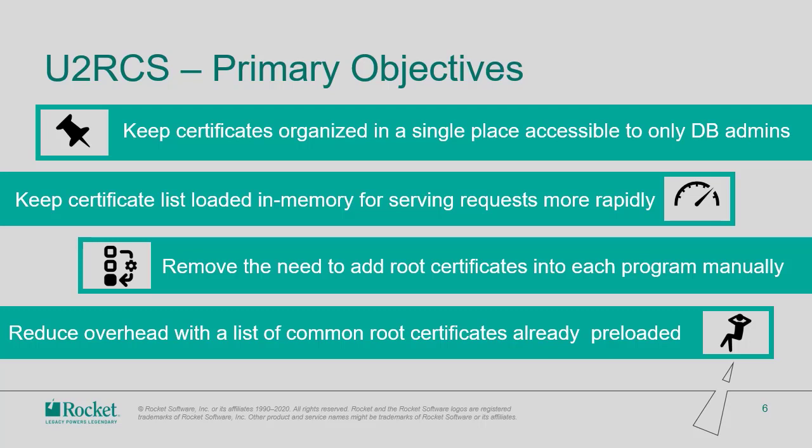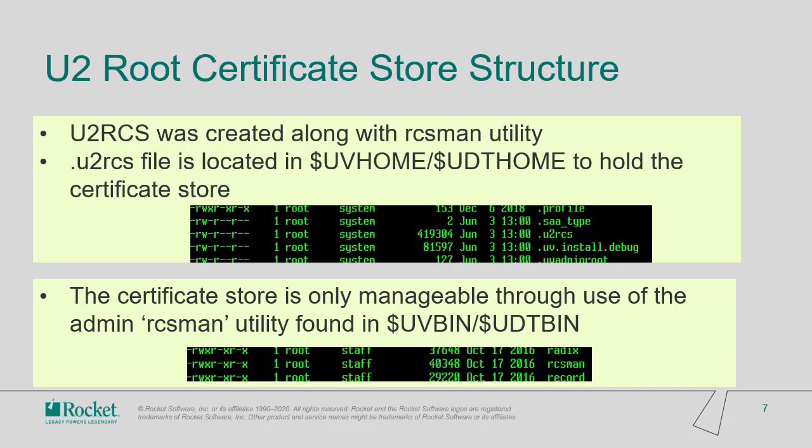No need then to add any certificates into each program manually, though you still can if you want. And this would cut back on the overhead with a list of the common root certificates preloaded ahead of time.